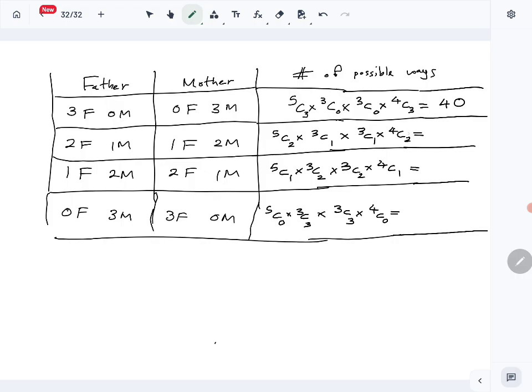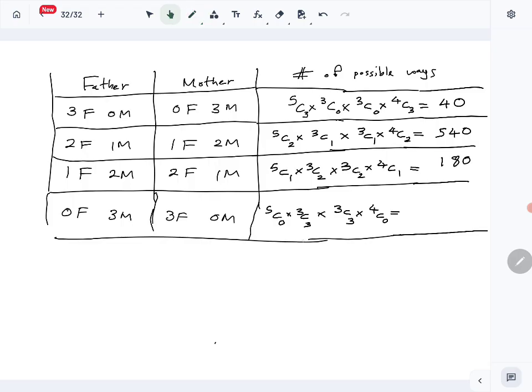Then 4C2 is 4 factorial over 2 factorial, 2 factorial, 6. So 90 times 6 is 540 possible ways. Then next one 5C1 is 5. 3C2 is 3. 3C2 again 3. 3 times 3 times 5, 45. 4C1 is 4. So 45 into 4 is 180.